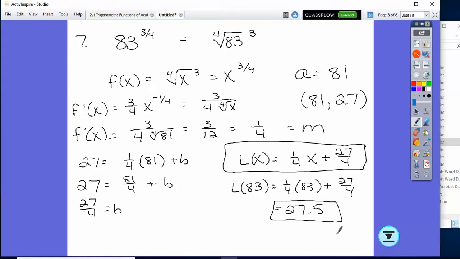You know, if you want to check how accurate that is, you could easily type in 83 to the 3/4 power. And that's 27.49847, so we're pretty close. Questions there?